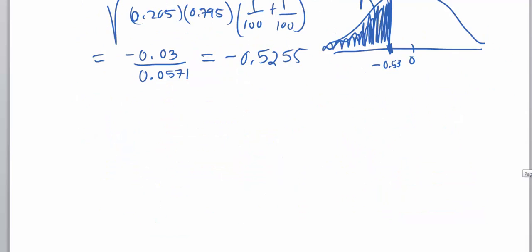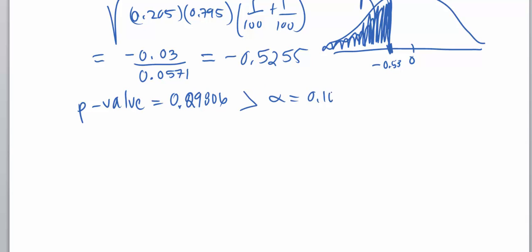So let's go ahead and scroll down a little bit and make a conclusion. Again, the p-value is equal to 0.29806. This is, of course, greater than our significance level, which was equal to 0.10, so we will fail to reject the null hypothesis.